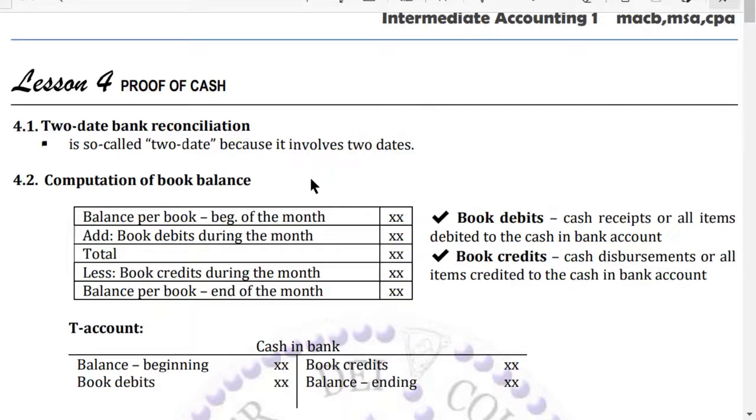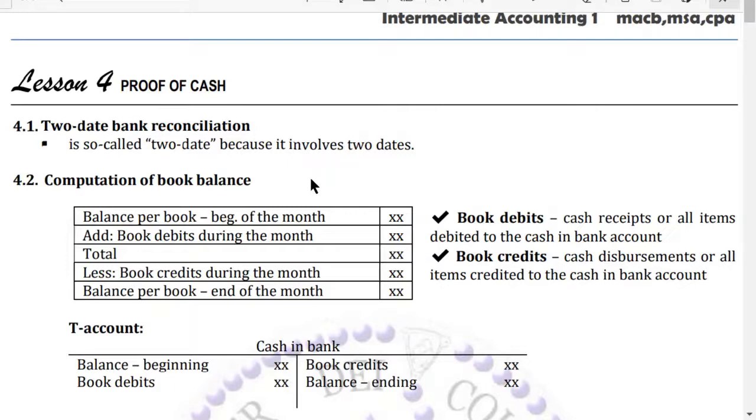So we need to get the bank reconciling items and include that in the reconciliation. And what are the bank reconciling items? We have the deposit in transit, which would be added, and the outstanding checks, which will be deducted to get the adjusted cash balance.